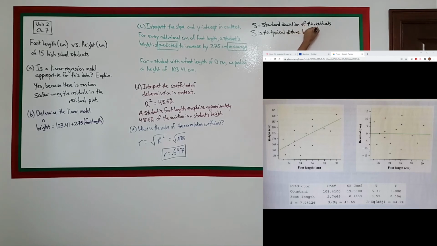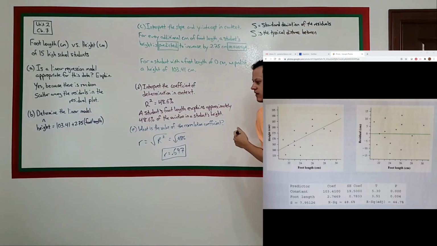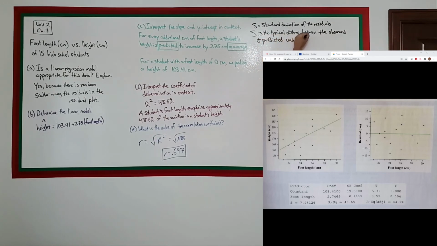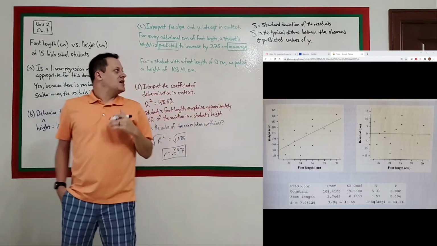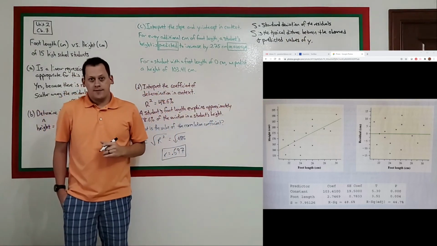The interpretation of S is it's the typical distance between the observed and predicted values of y. It's the typical distance between the observed and predicted values of y.